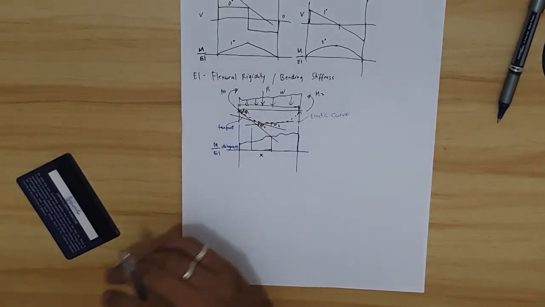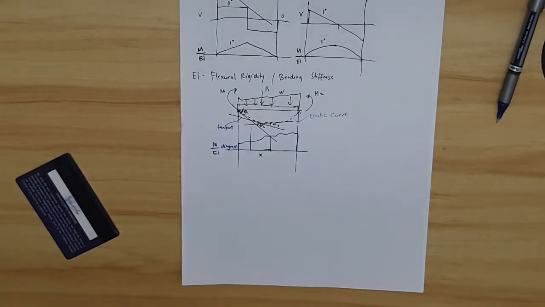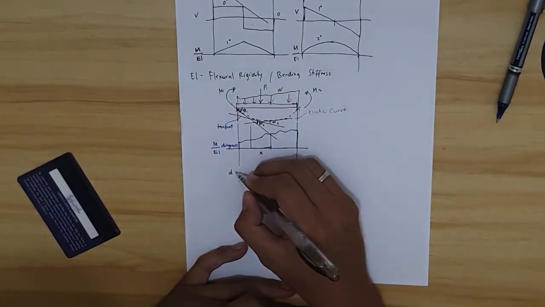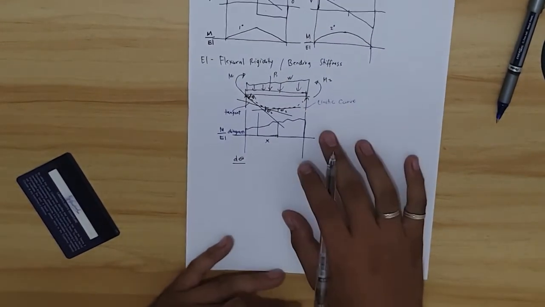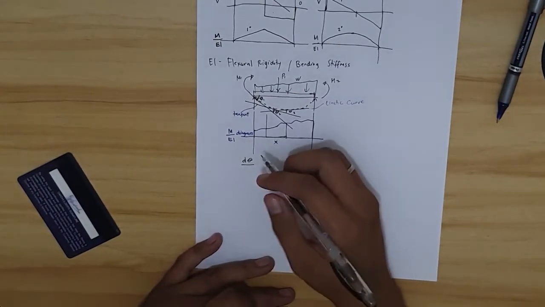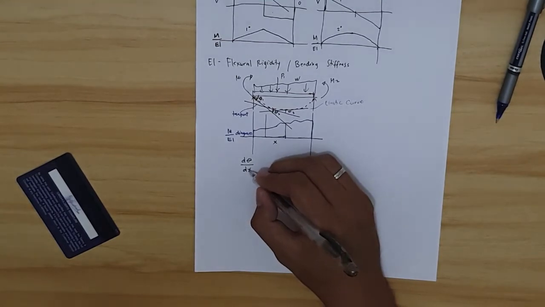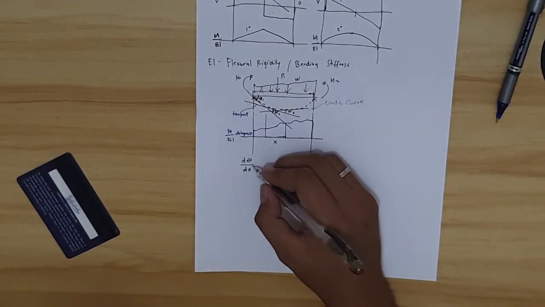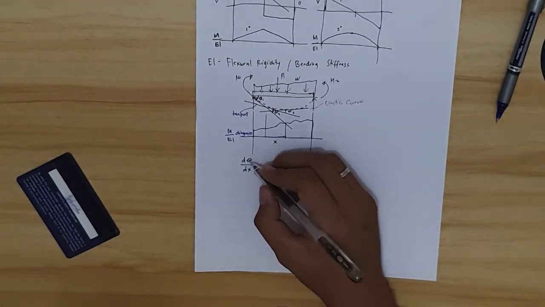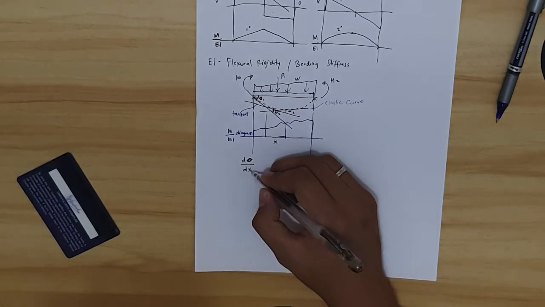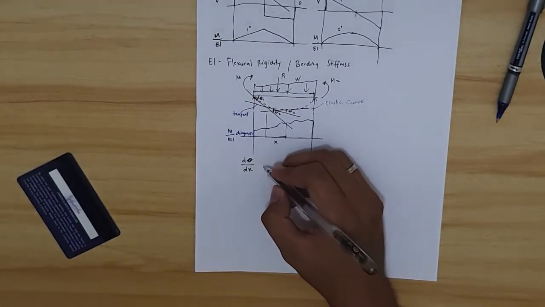Okay, so theta varies as x changes, no? So there's a derivative. Change of theta varies as x changes.